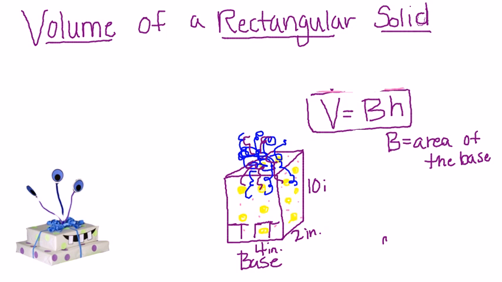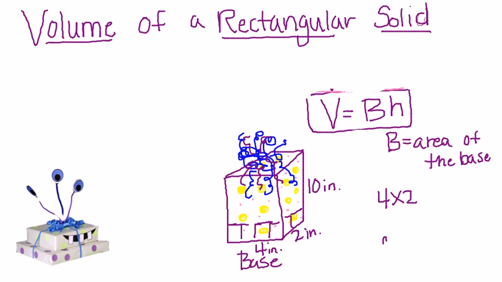If I'm just looking at my base, it means I can fit 4 cubes across and then 2 cubes going back this way. So how many cubes are going to fill up just the base of my box? Exactly. If I find the area of my base, it's 4 times 2.